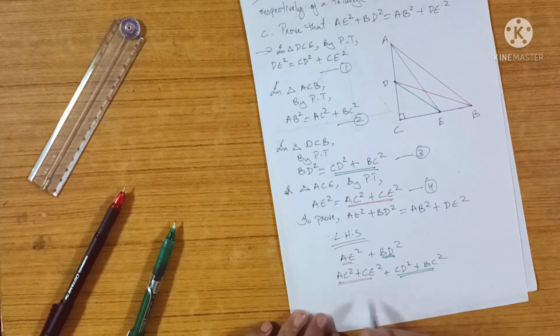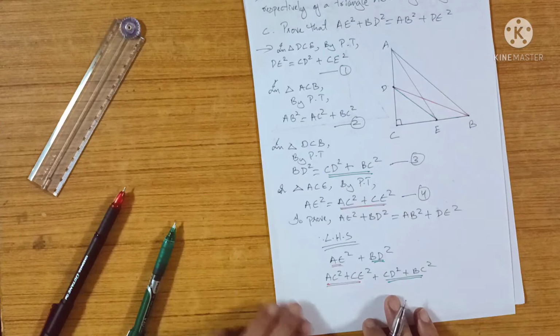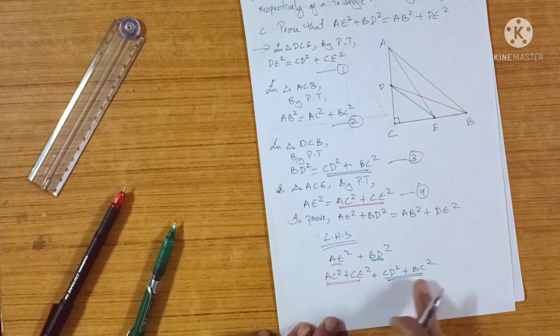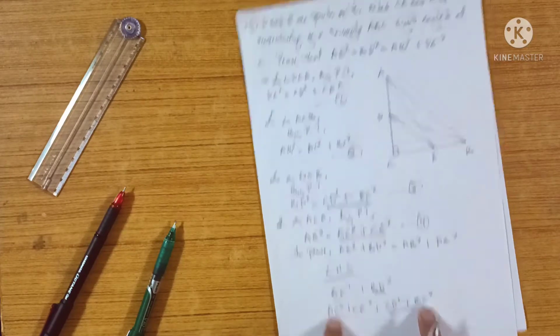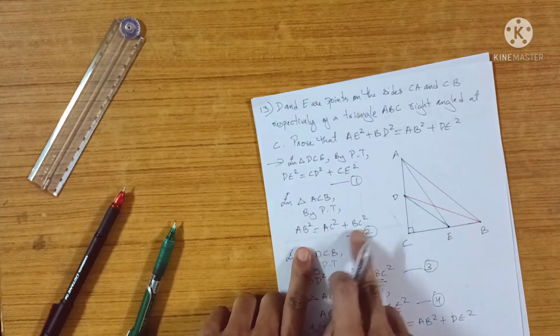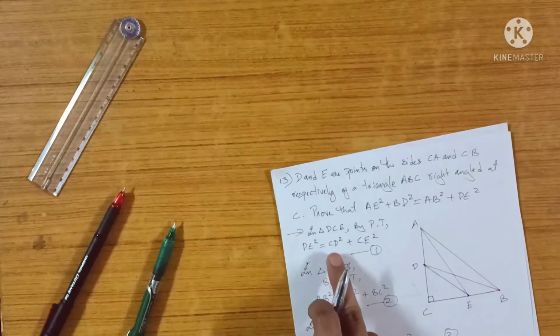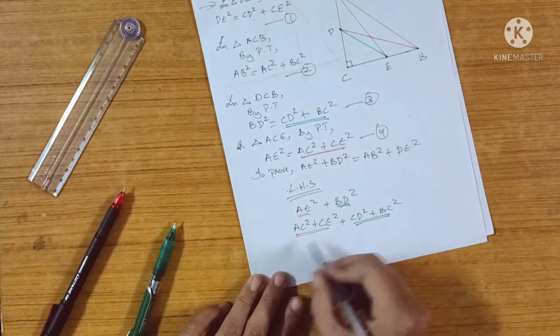Now, if I rearrange this, because I can clearly see, this is AC square and then CE square and CD and BC. But if I combine AC square and BC square, we get AB square. And then if we combine CE and CD, we get DE. Got it? So that's what we're going to do. So we're going to rearrange.